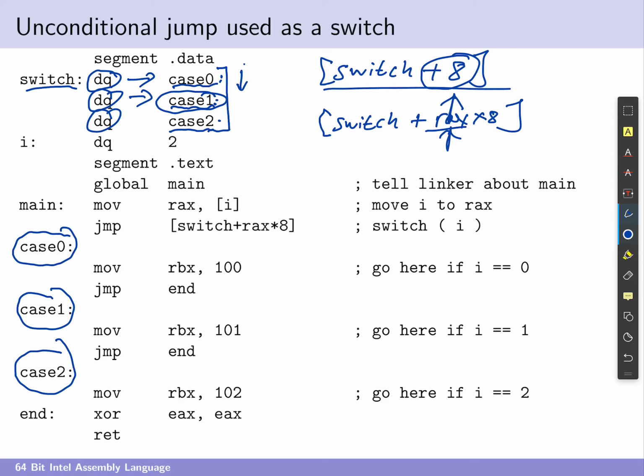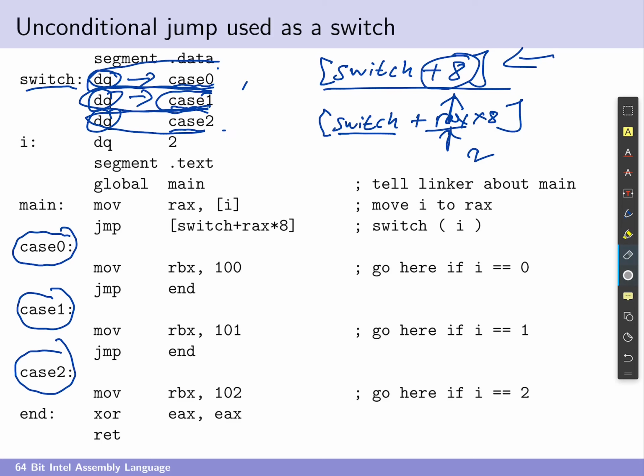So if RAX was 0, I would just be looking at this first element because it would be switch plus 0. If RAX was 1, then we'd end up having exactly what I had over here, which would get me to the next element. And if RAX was in fact 2, we'd be going switch's address plus 16, which would put me at this third element over here. Okay, so that's just some of the syntax.